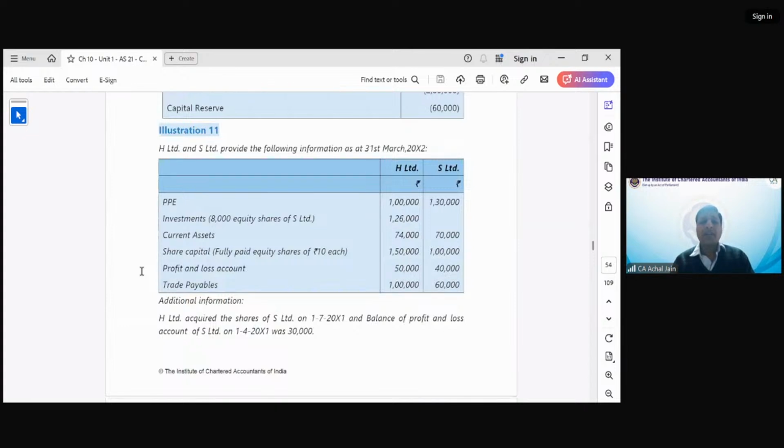When you pick up the reserves, what did we discuss? You will pick up the reserves of H. Yes or no? S you will not pick up. Why? Because one portion of that has been picked up by holding in the form of goodwill, and another portion has been picked up by minority.